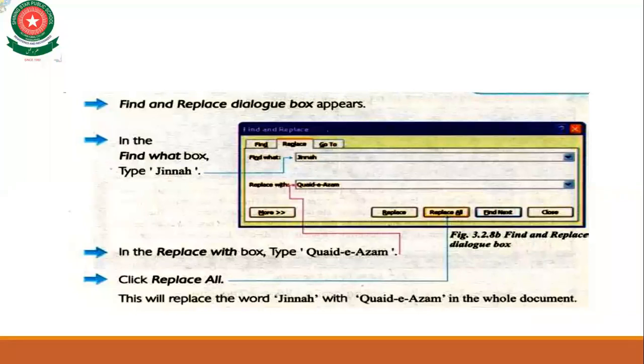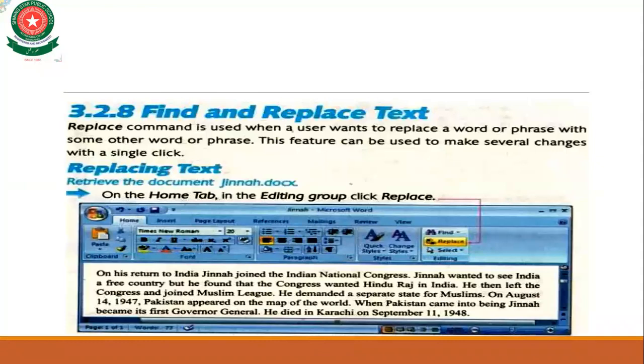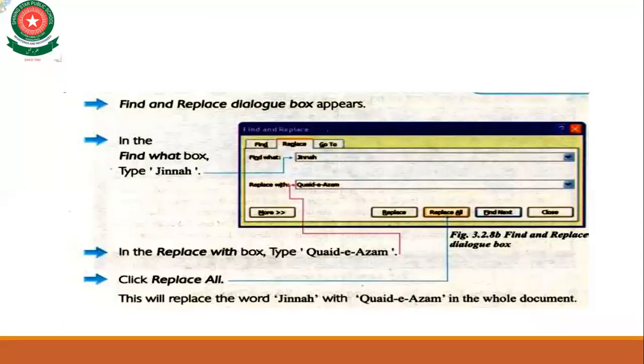First of all, you have to open a document. Then you have to click on the home tab. In the editing group, click replace. Then the find and replace dialog box appears. In the find what box, type Jinnah or any other word that you want to replace.